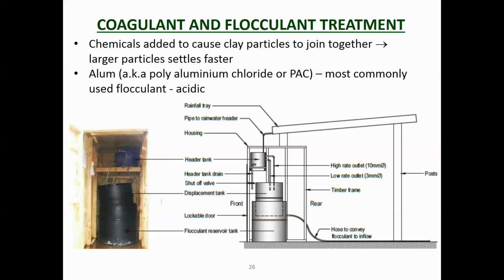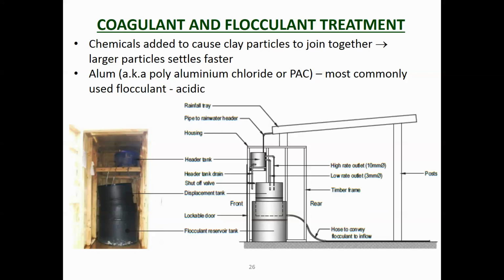A coagulant will neutralize the negatively charged particles, which causes them to attract together. A flocculant attracts them all together to form a big clump. All you need to know about this is that they cause them to form bigger chunks of soil, which will settle out quicker than they would have otherwise. And in Auckland, you have to have these because of the soils.